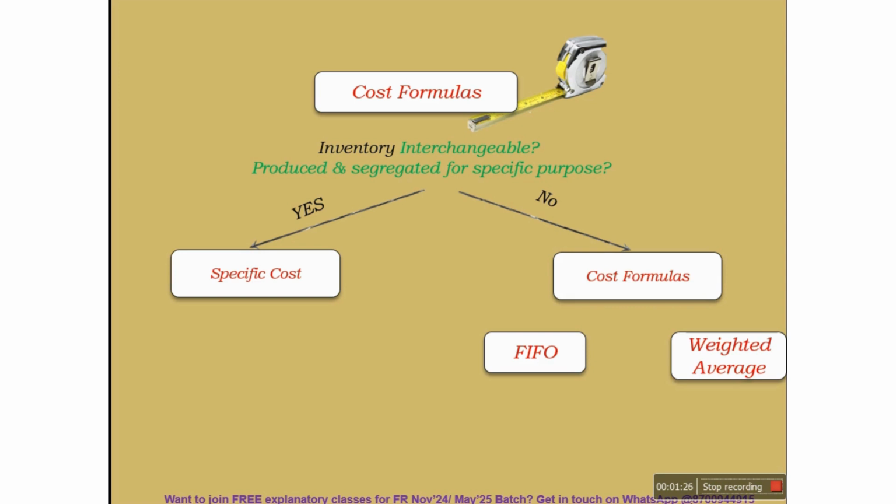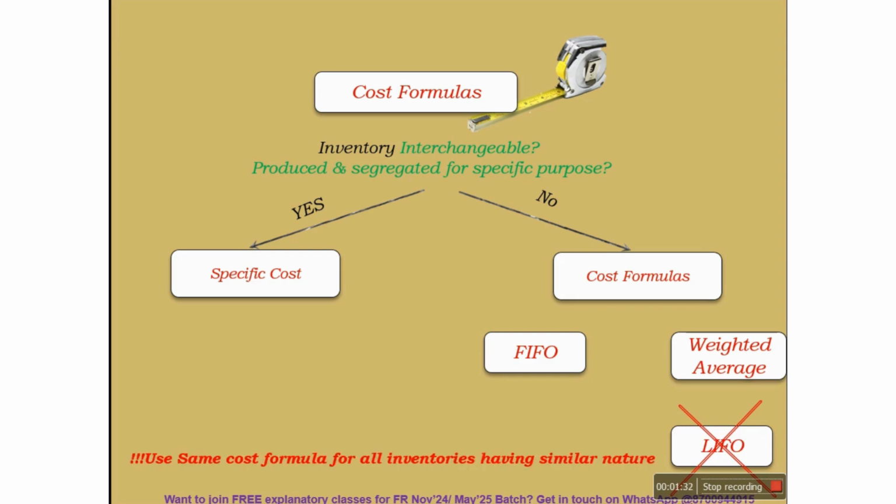Third method, that is last in first out method, is not allowed as per IND AS 2. And we need to use the same formula for all the inventory having a similar nature in respect of the geographical operations we have. If the use and the nature of the inventories are the same across the entity, the same cost formula will be used.